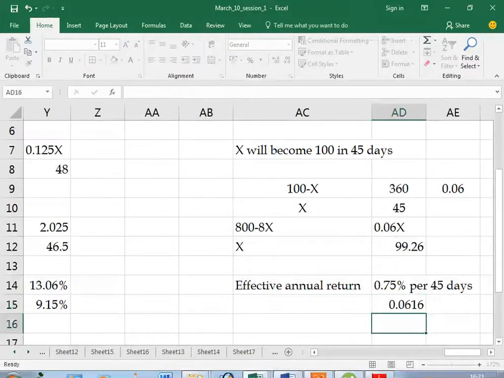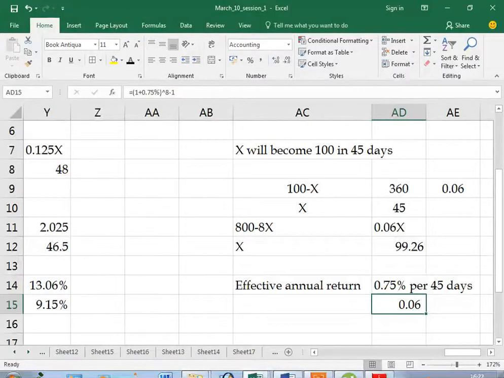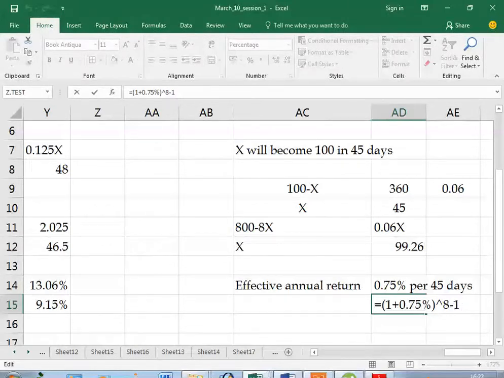You will see a small difference, 6.16%. Effective rate is a power, so you will have to do power 8.